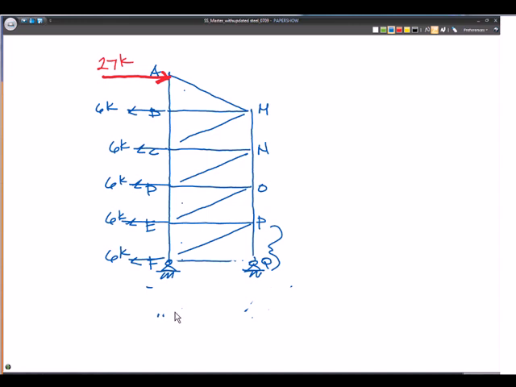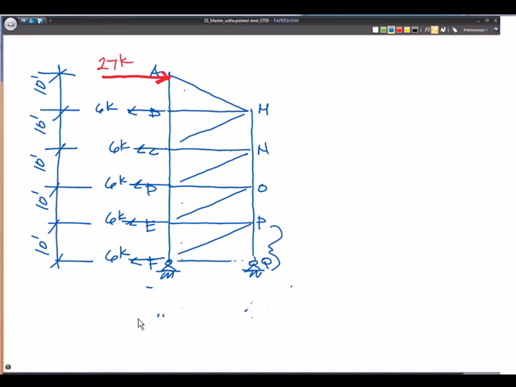So when I look at this, I believe they're 10-foot increments, we have a 27 kip load that's 50 feet off of the ground. If we're taking moments about F, this 27 kip load is causing clockwise rotation, okay?